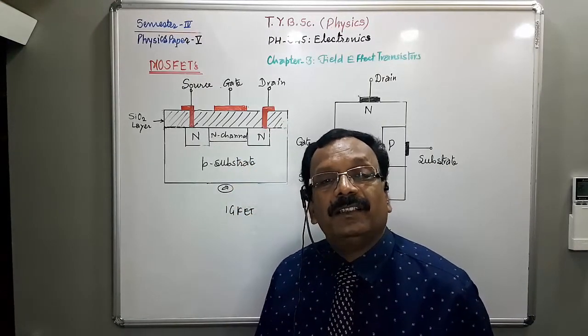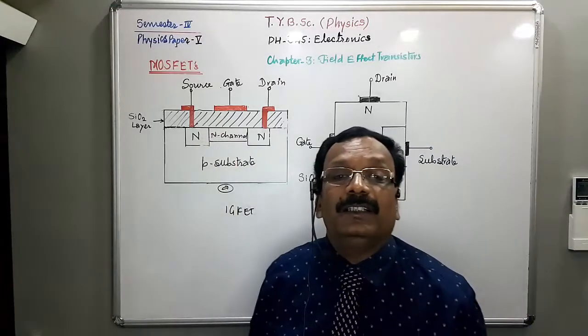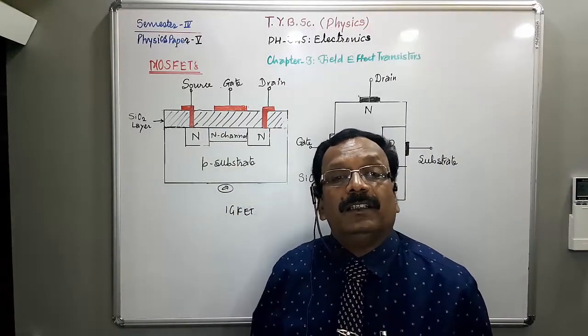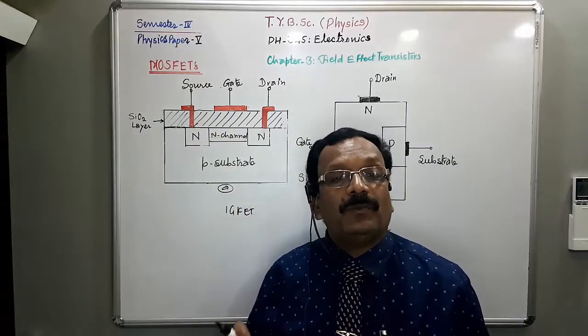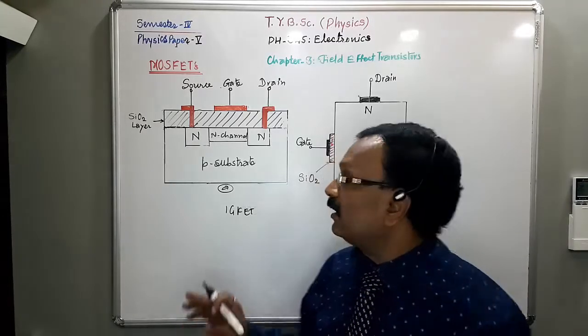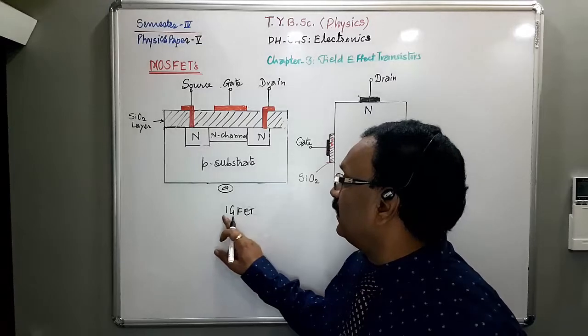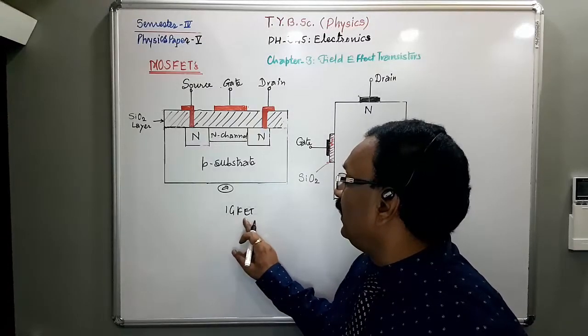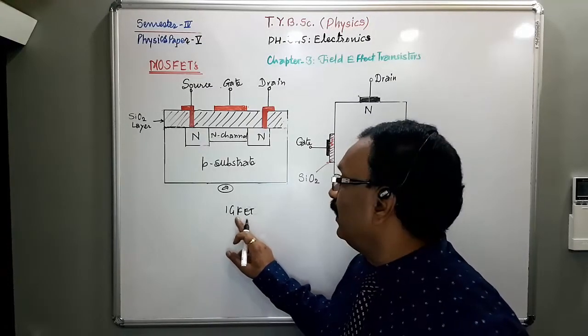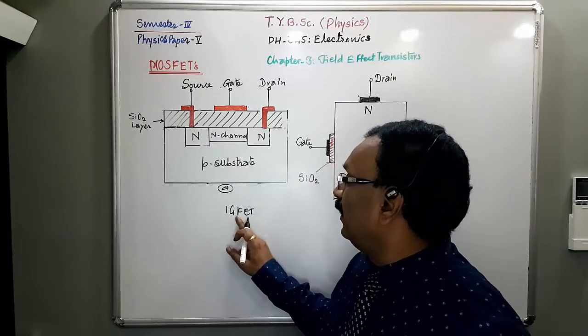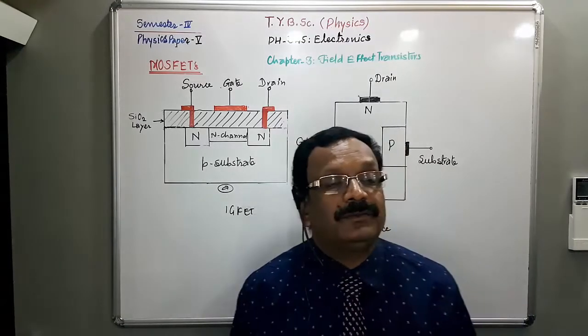Unlike JFET, the gate in MOSFET is insulated from the channel, and therefore sometimes it is also known as insulated gate field effect transistor, that is IGFET. IGFET is the abbreviation of insulated gate field effect transistor.